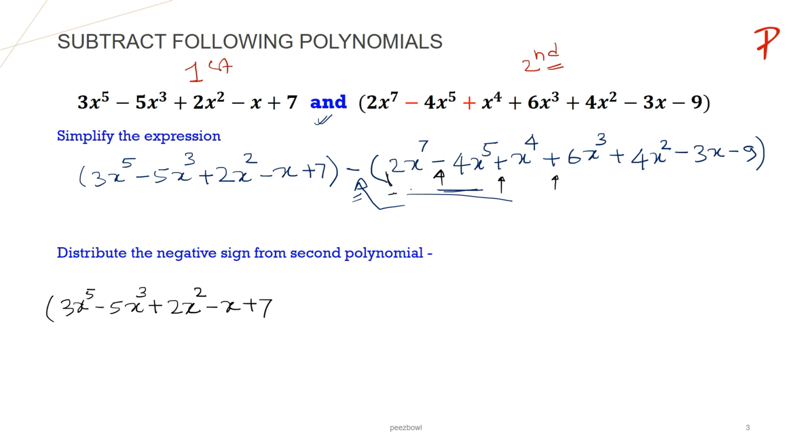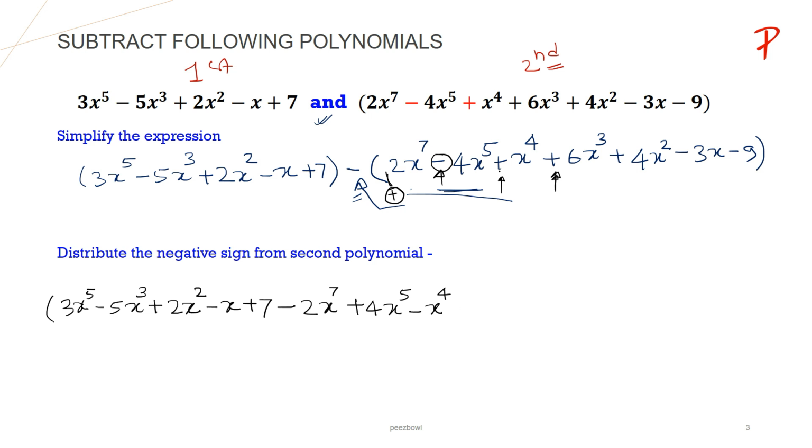Here before 2 there is a positive sign, so that will become minus 2x^7. This minus will become plus 4x^5, minus x^4. Pay attention to only the sign, right? So I am only changing the sign. Wherever we have a plus sign, I am putting a minus, and wherever there is a minus sign, I am putting a plus.